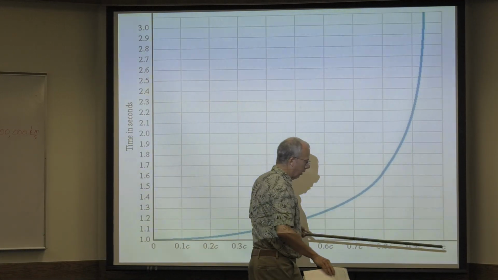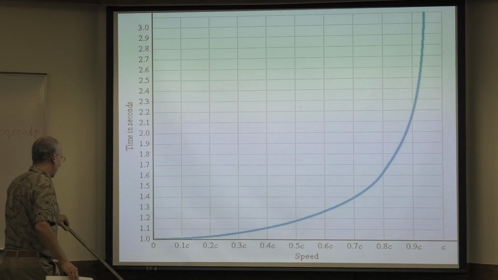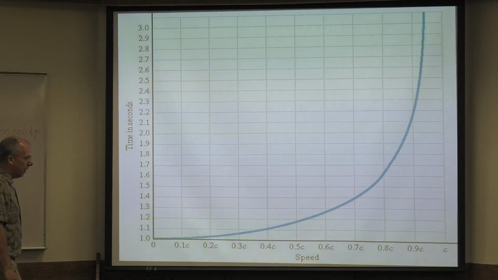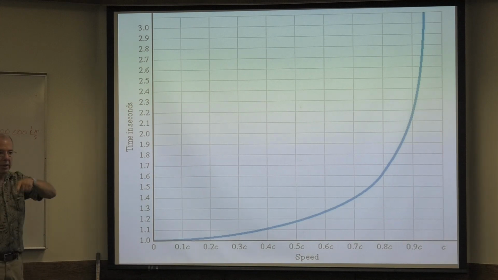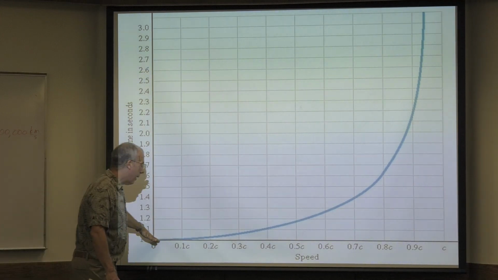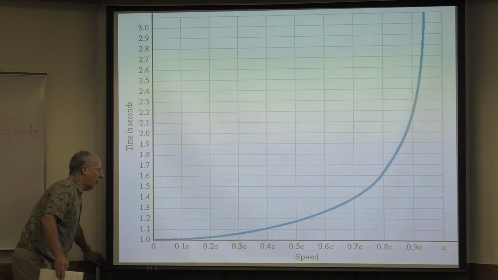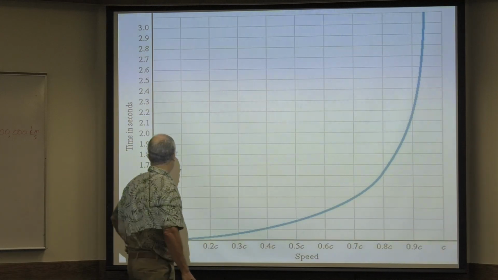You can see as you get closer and closer to the speed of light, it gets longer and longer and longer. So this is like your t and your t prime. Velma always says 1 second. Mort says something completely different, but it depends on the speed. Now this is just a graph. We still have to get the equation, but this is still pretty cool, right?